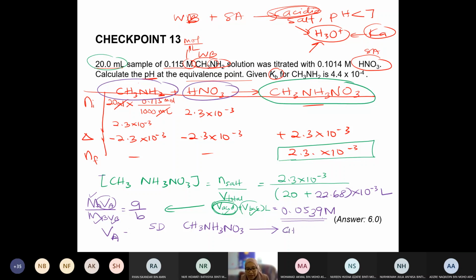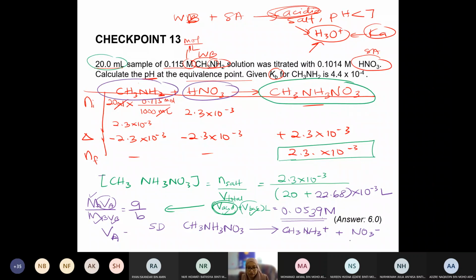It will be dissociated into its anion and cation. Kalau confused, jadikan yang tadi saya cakap NH3 plus, HCl tadi. Plus, this will be the cation. See? So it will be dissociated into these ions.